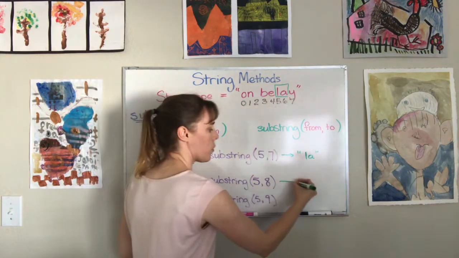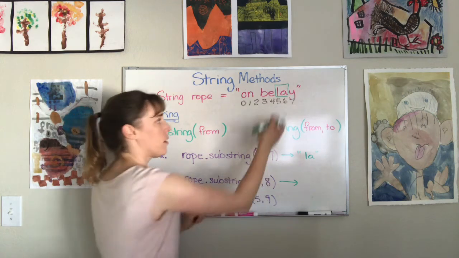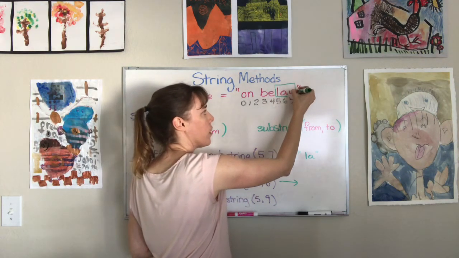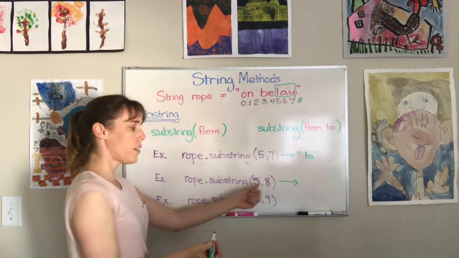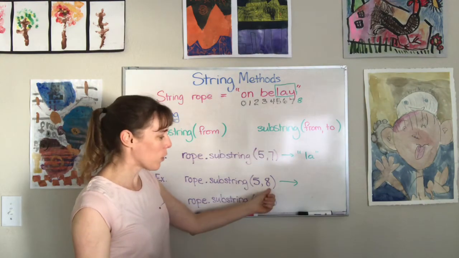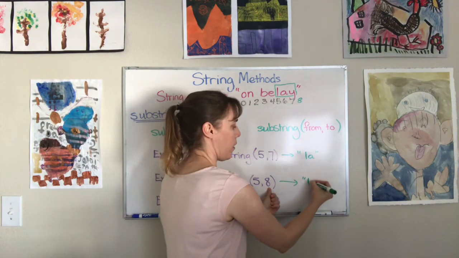If I tried to do rope.substring 5 to 8, instead of cutting it off at 6, it would include 7 and not include position number 8. So that's actually okay, even though there is no position 8. Since it doesn't include this value, it's okay. So this is going to give me L-A-Y.